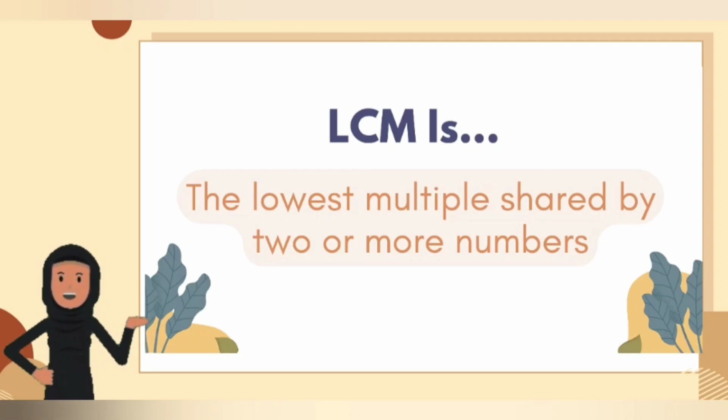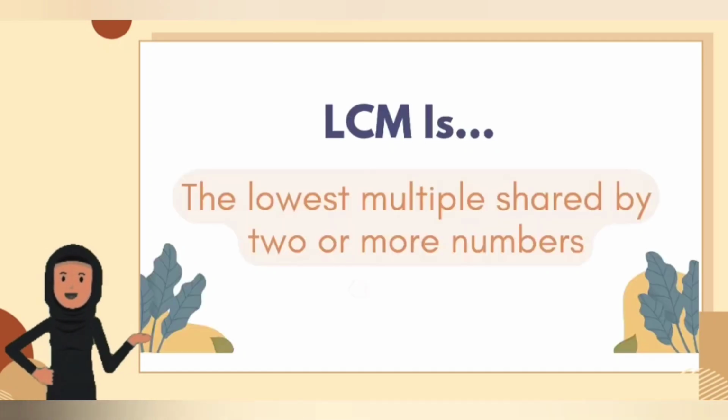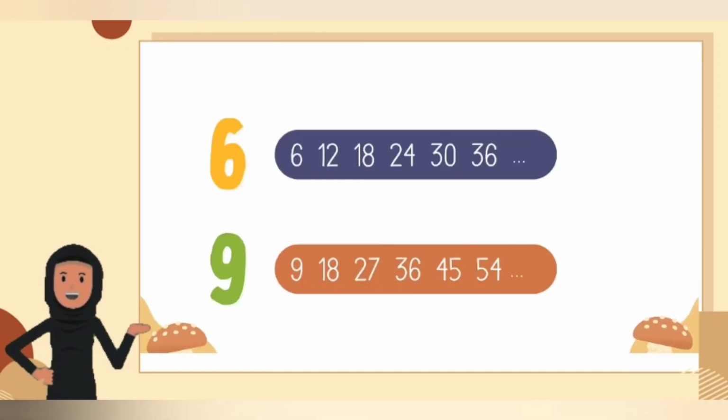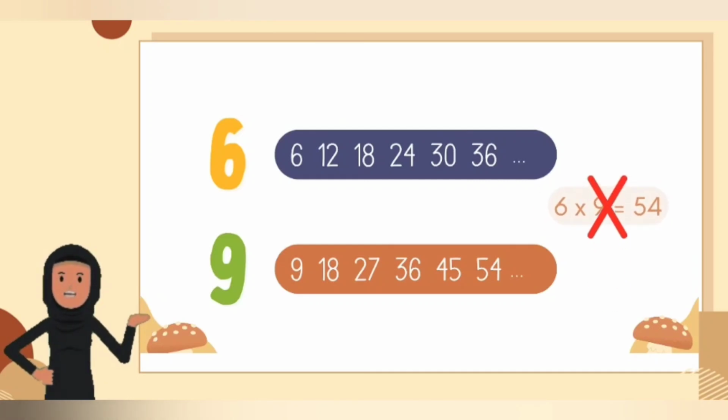However, this number won't be the least common multiple when there is a smaller common multiple. For example, we take 6 and 9. 6 times 9 is 54, but that number is not the least. If we write the list of multiples from both numbers, we find 18 as the least common multiple.